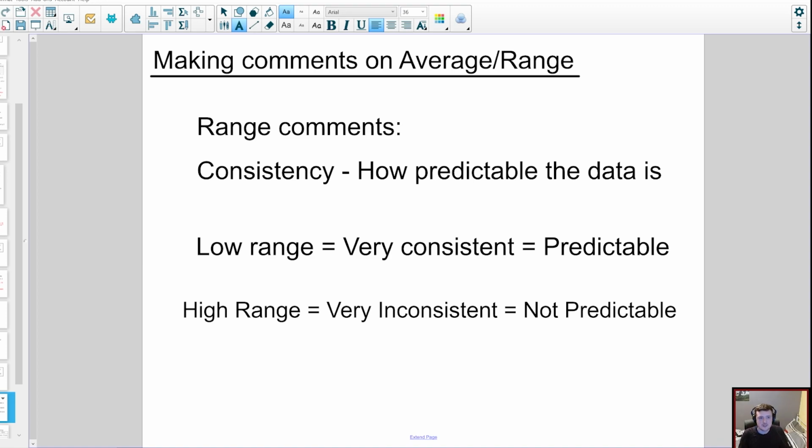Which is a problem because it means that I can't really gauge whether I'm improving or not because my time's up and down like a yo-yo. And so the key takeaway from this is low range is good consistency, which is predictable. High range is bad consistency or inconsistency, and that means it's not predictable. And so the lower the range, the better it is generally.